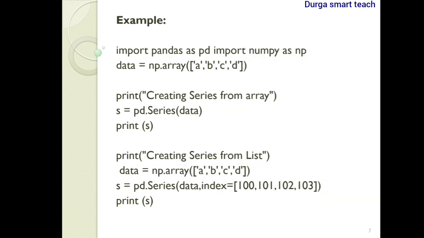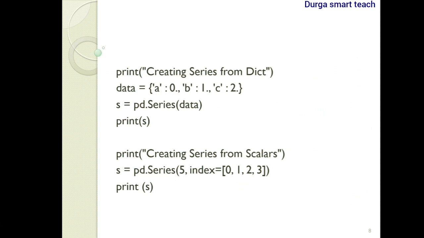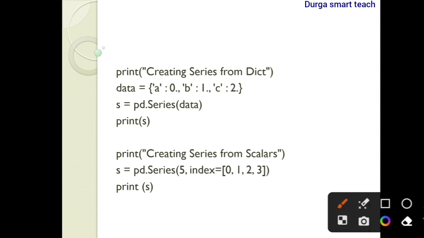Next, creating a series from dictionary. I already told you these are the keys and these are the values. So you can convert a dictionary into a series, where keys are index values and values are values. And next, creating a series from scalar. A scalar is nothing but a repeated value. So I want to repeat 5.